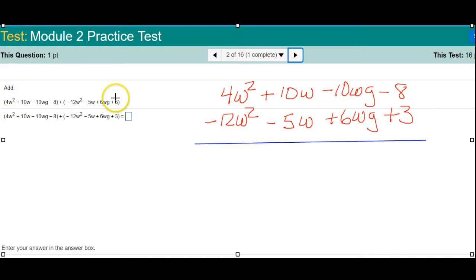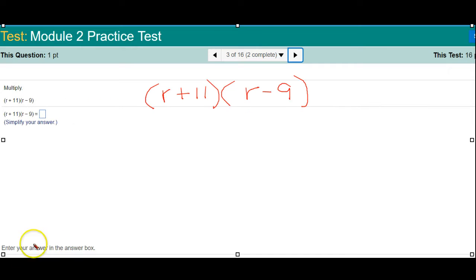Strategy for something like this, since there's a plus between them, just put them in like term vertical columns. And you're just going to add these up, and that's what your answer will be. So what we would do here, we're multiplying a binomial by a binomial, so we're going to use the FOIL.